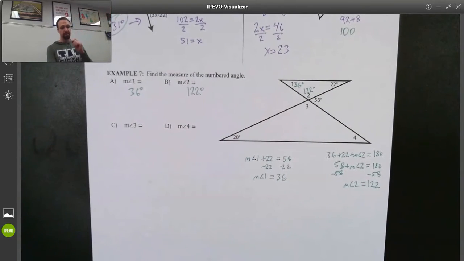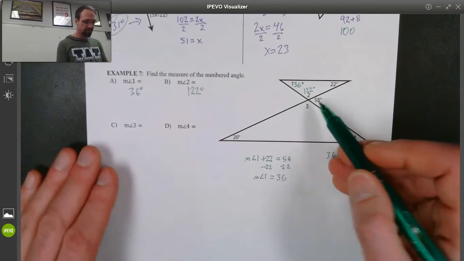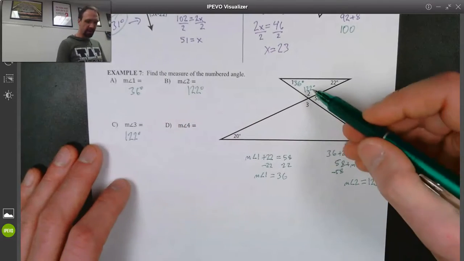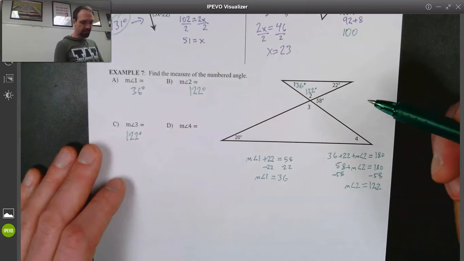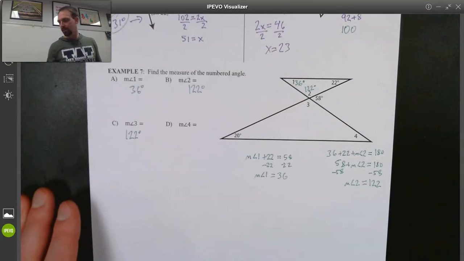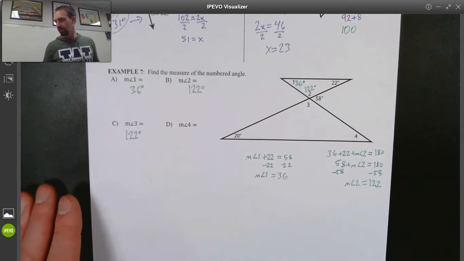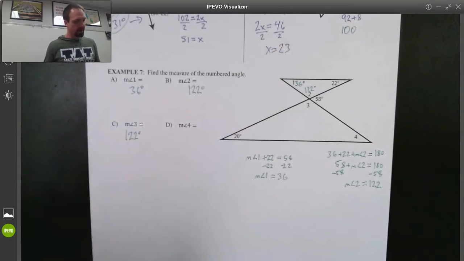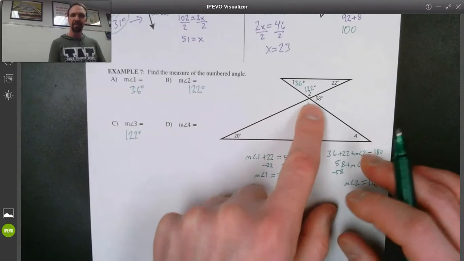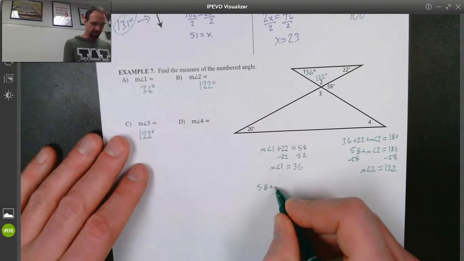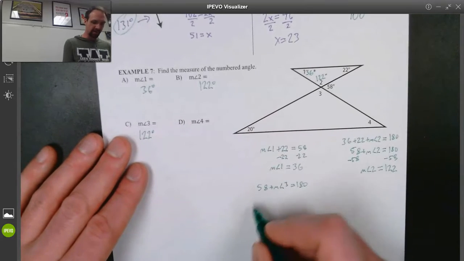So I also know then that the measure of angle 3 is 122 degrees. The reason I know that is because of the linear pair. 58 degrees plus the measure of angle 3 has to equal 180 degrees.